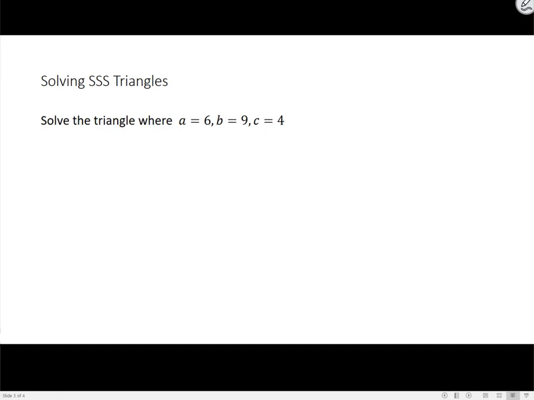I usually use A and B, so we are going to start with the law of cosines for side A, because on the right-hand side of that equation we have angle A, and that's what I want to find first.